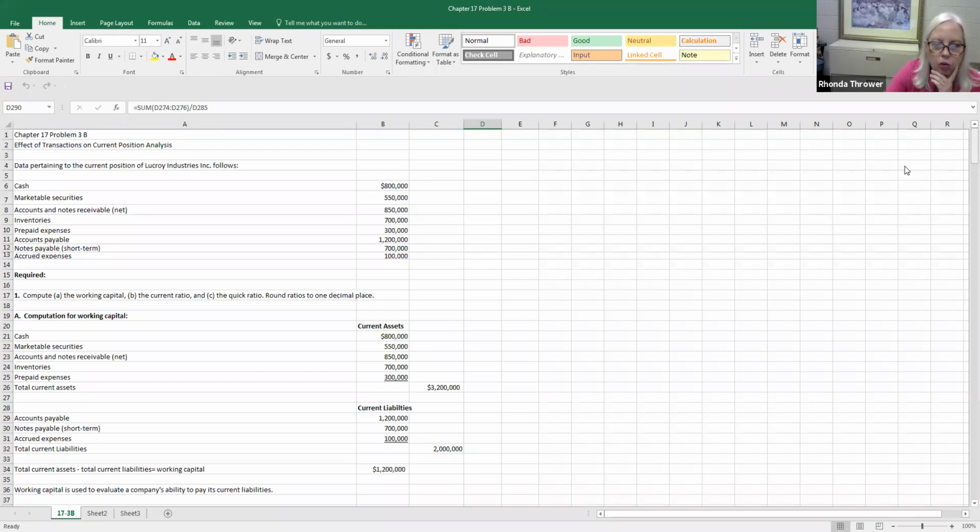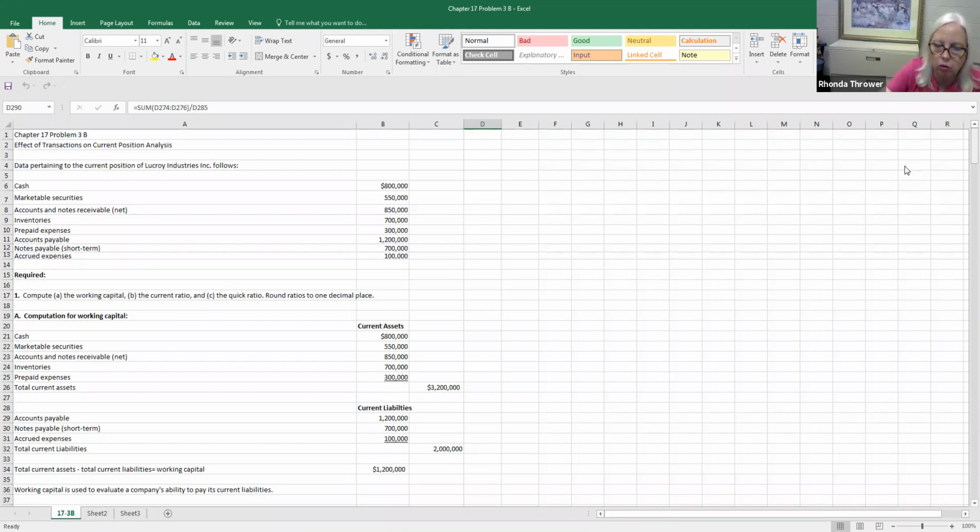That account is neither an asset nor a liability, so no current assets were affected, no current liabilities were affected there. So basically you take the total of your current assets and the total of your current liabilities. To find working capital, you subtract. To find the current ratio, you take your current assets and divide it by your current liabilities to get this amount.